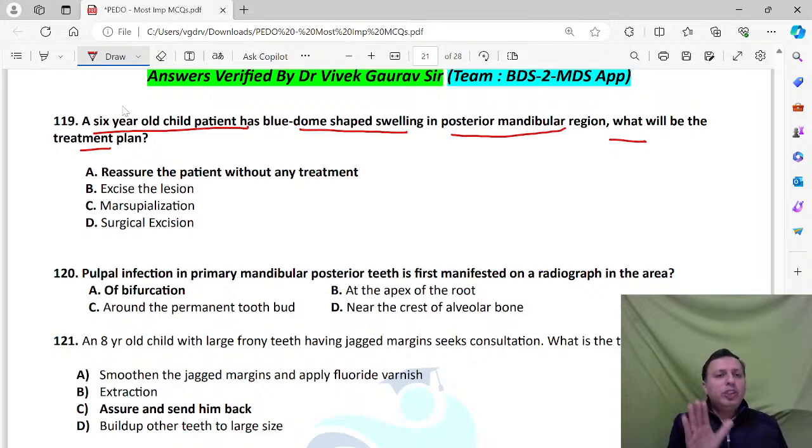So we just need to reassure the patient and wait. If the patient is having any pain, you can give a gel. So we just reassure the patient without any treatment. Don't do any marsupialization or excise the gingival tissue. We will not go with any sort of procedure because the first permanent molar is erupting in that particular area.